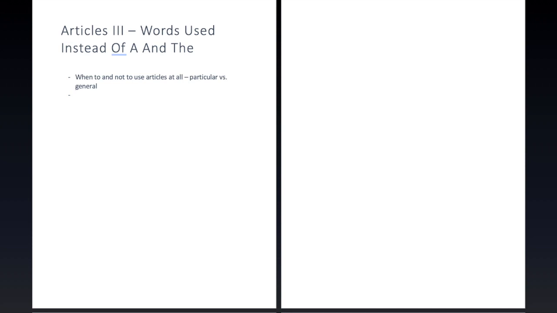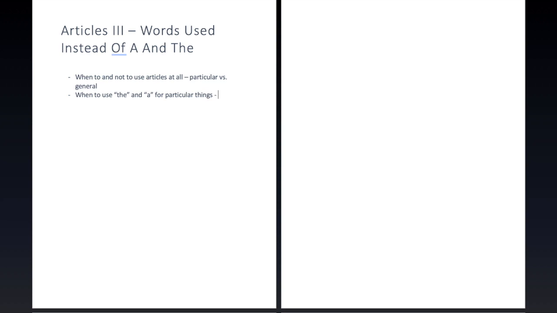And we also talked about how to understand when we should use the and when we should use a. For particular things, you never use these for general things. If you do have particular things, then sometimes we'll use the, sometimes we'll use a.